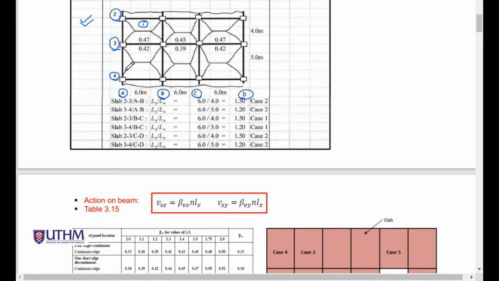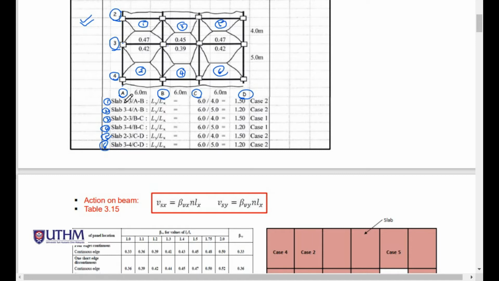Slab 3, 4, A, B is slab number 2. Here is slab number 3. So I label them like this for simplicity: 4, 5, and 6. So this is 1, 2, 3, until 6.